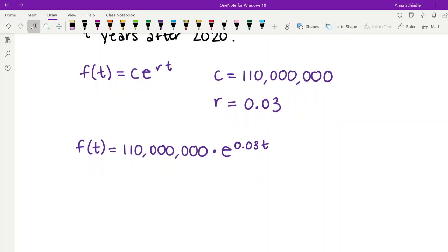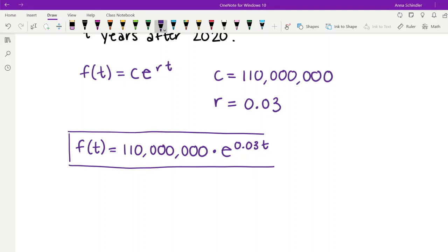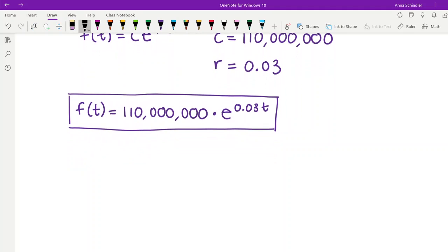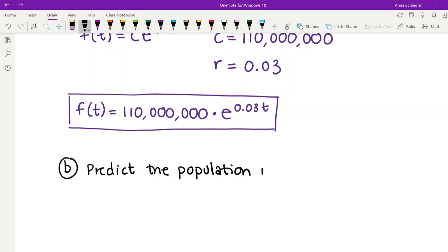Okay, so the next question we want to answer. Now that we have this function that models the population t years after 2020, we can use it to predict the population in any year really, but let's use it to predict the population in the year 2030.